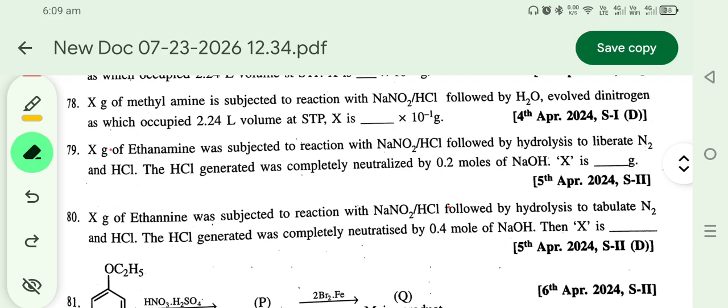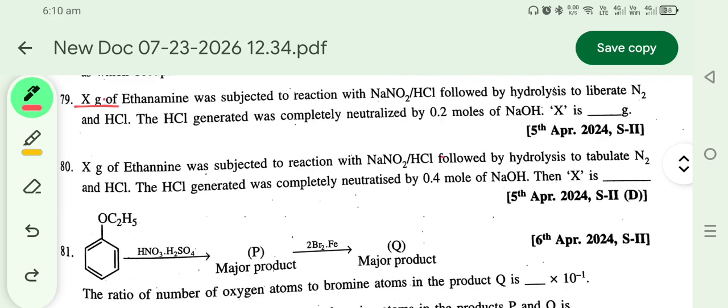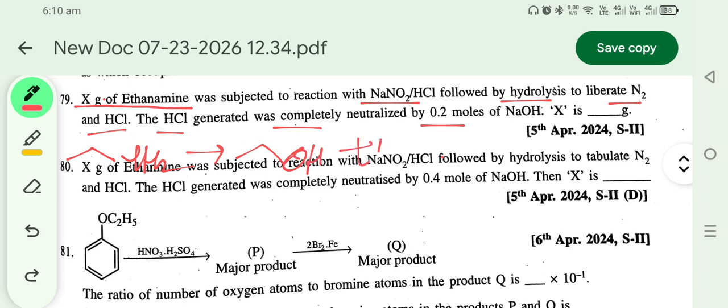X grams of ethylamine is subjected to NaNO2 followed by hydrolysis, liberating N2 and HCl. The HCl generated was completely neutralized by 0.2 mole of NaOH. When ethylamine is subjected to NaNO2, the products are ethyl alcohol, N2 and HCl. In this reaction, the reactant is 1 mole and all products are obtained as 1 mole.